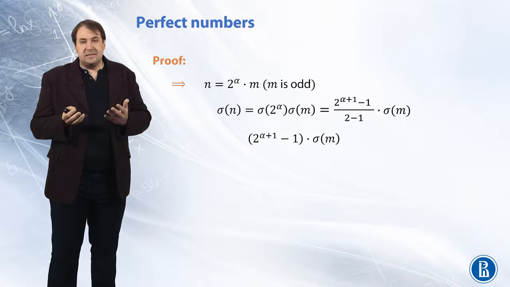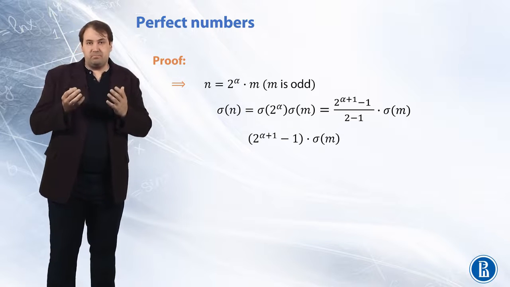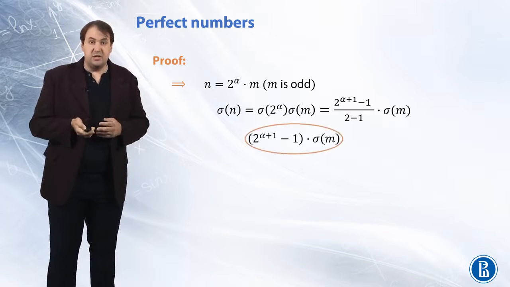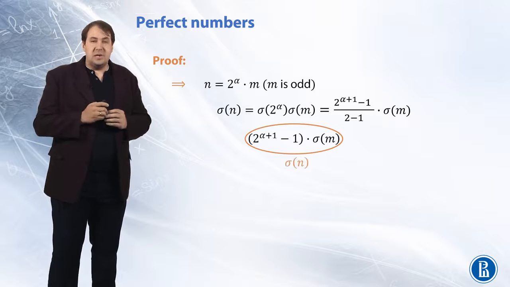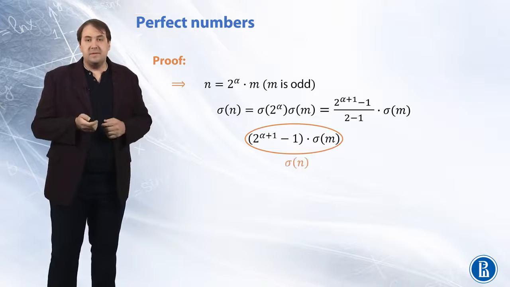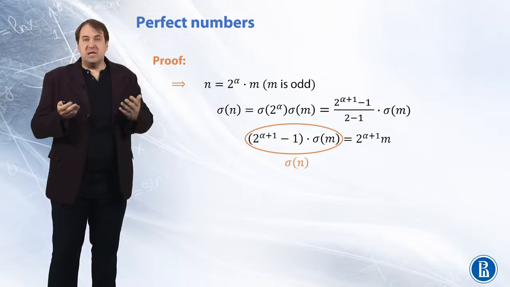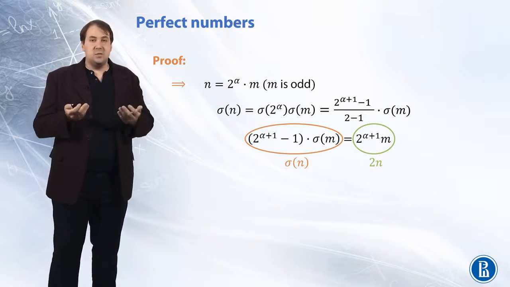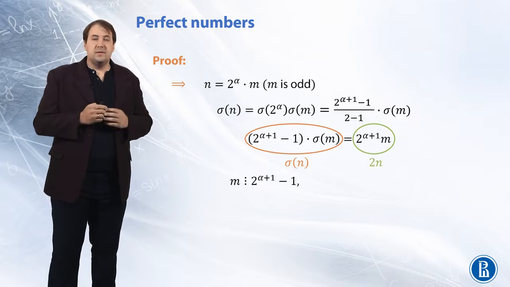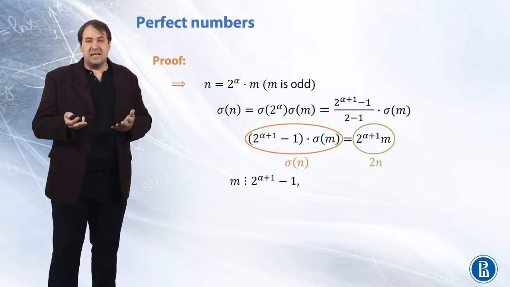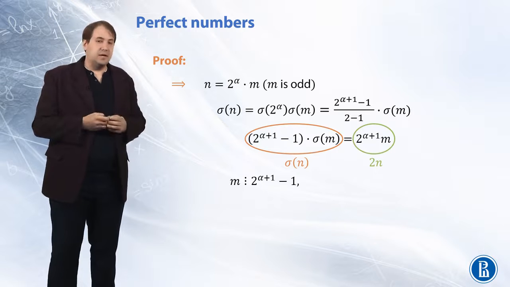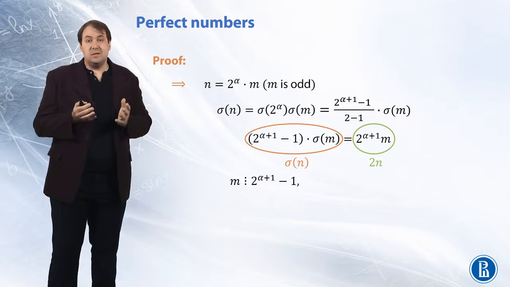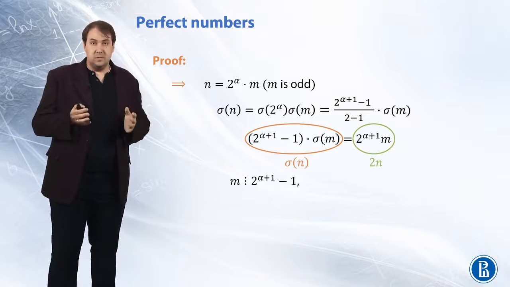Let us take a very patient look at this expression. It is the sum of all divisors of n, and it needs to be equal to 2 times n. So this is an equation we need to solve now. We understand that m is divisible by 2 to the power of alpha plus 1 minus 1. Why is this so? On the right-hand side, we see two factors.